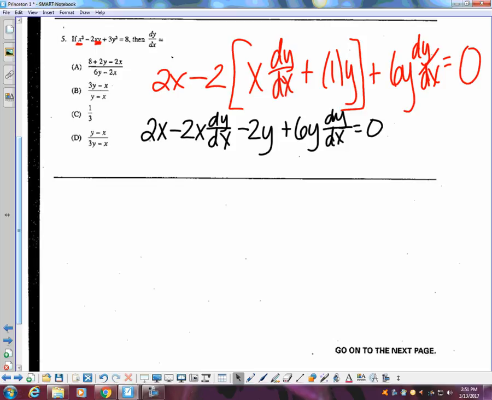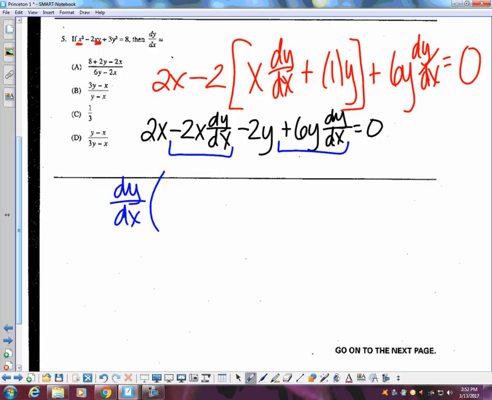How many of them are there? How many terms don't have a dy dx? Okay, so the guys that have a dy dx I'm going to keep. The guys that don't have a dy dx I'm going to move over. Okay, but we're smart kids. While I'm doing that, on this side that has the dy dx, I'm going to GCF the dy dx out of those two terms. Okay, so I've got this guy and this guy that are staying, but while they stay, I'm going to GCF my dy dx out.